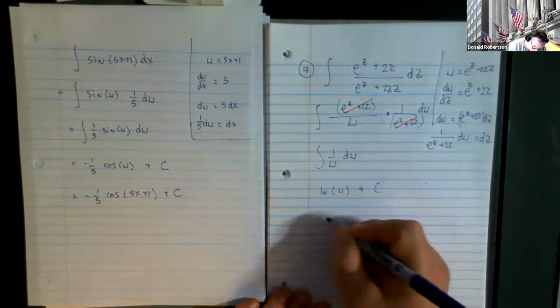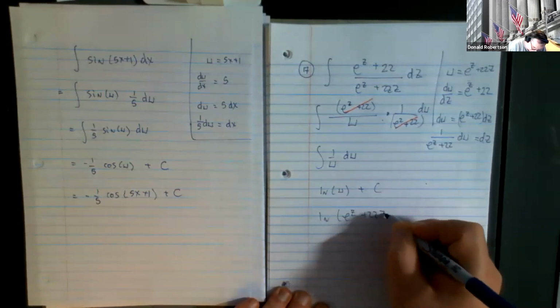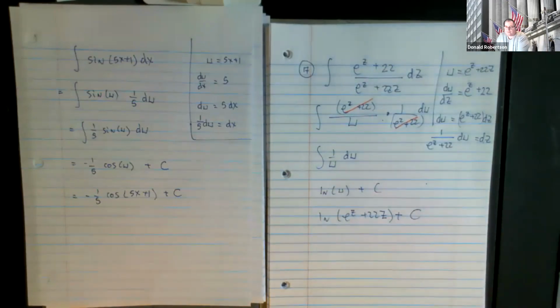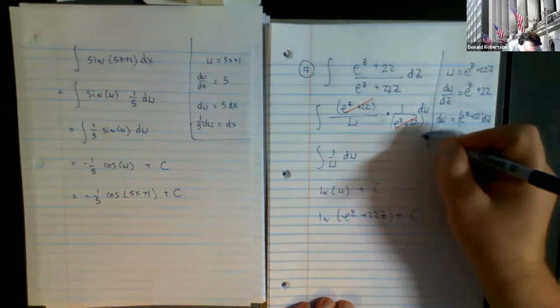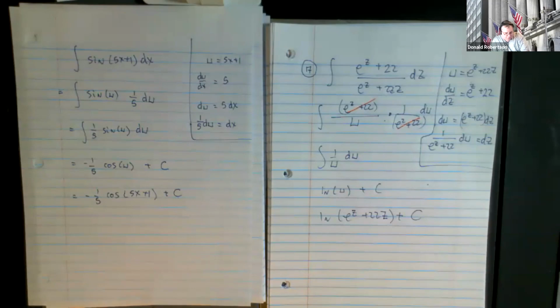Natural log returned to the original variable. A very clean use up, right? Not too much weird stuff going on. Came out relatively smoothly.